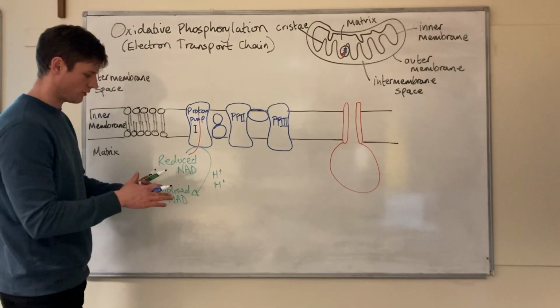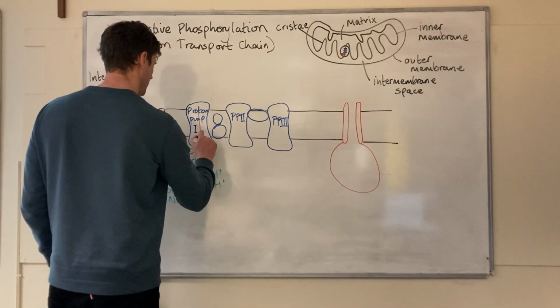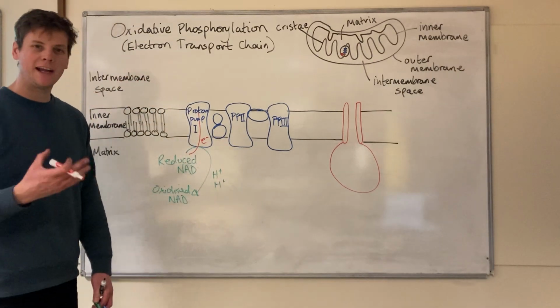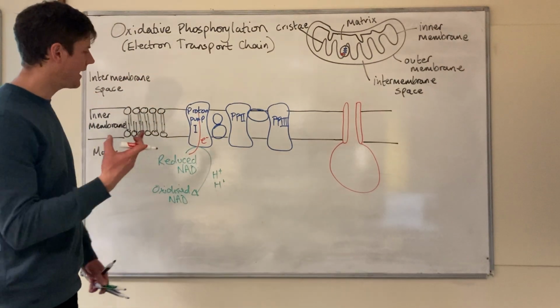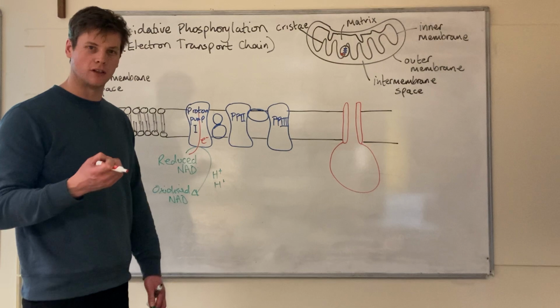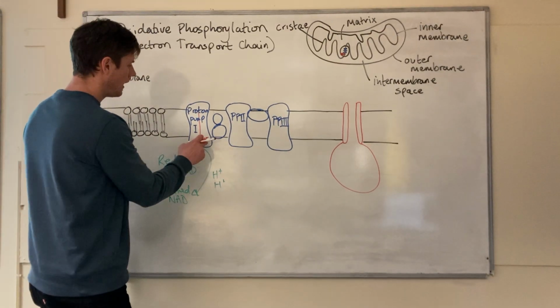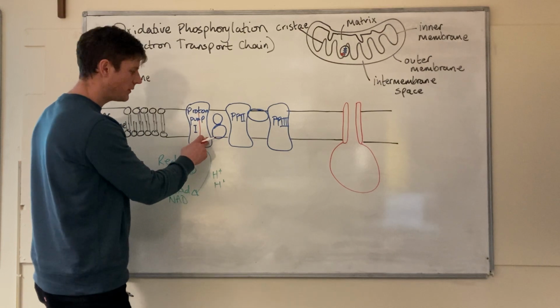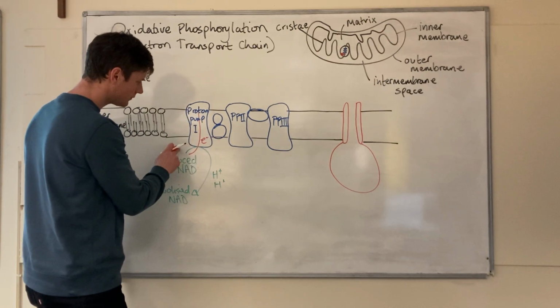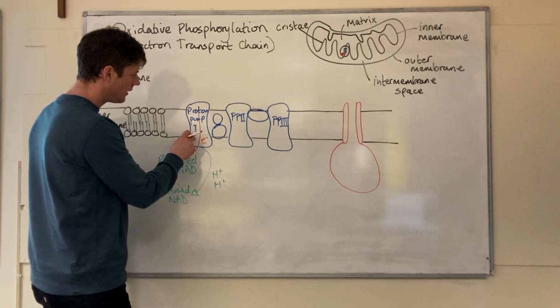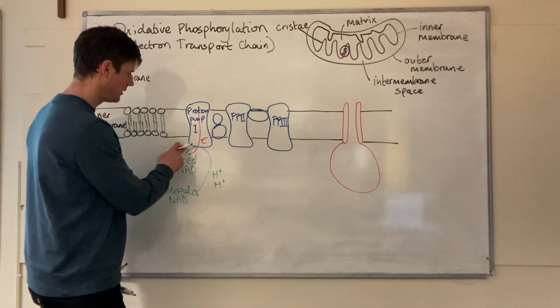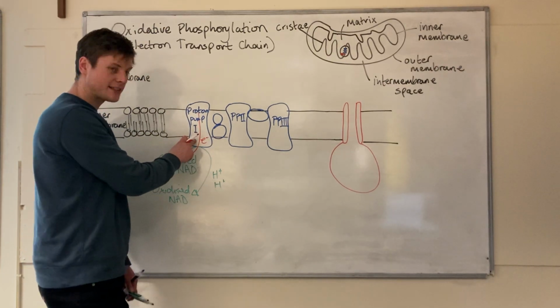Now, these electrons are very high energy. They're carrying that energy from the oxidation reactions that have taken place earlier on. And the energy from those high energy electrons is provided to the proton pump when the proton pump accepts the electrons.